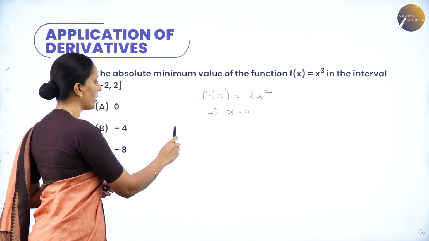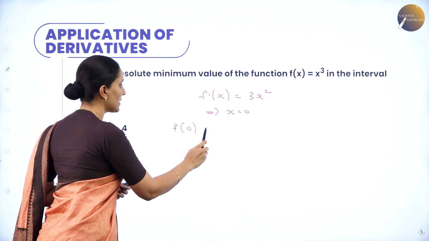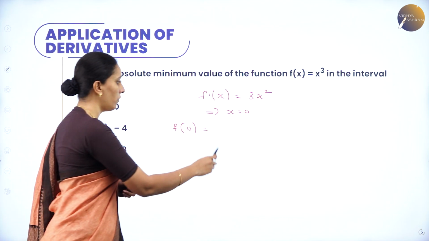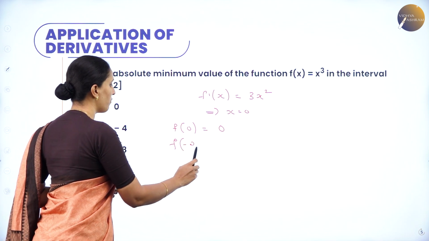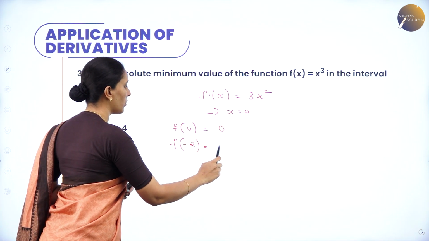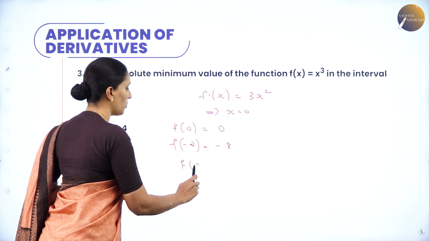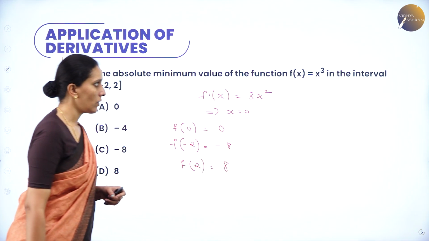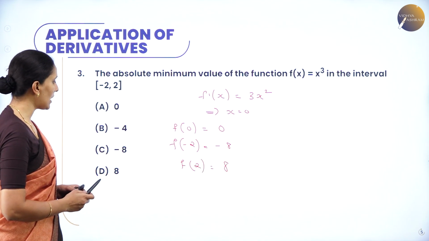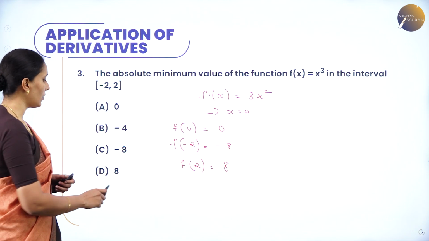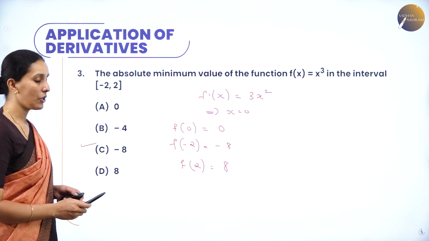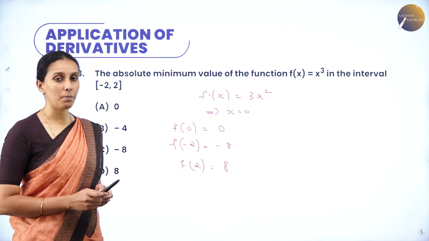So we find the value at f of 0, which will be 0, and also at the extreme points, that is f of minus 2, which is minus 2 cubed, minus 8, and f of 2 is equal to 8. The options are given as 0, minus 4, minus 8 and 8. Minus 8 is the minimum value, and hence the absolute minimum value will be minus 8 at the point minus 2.